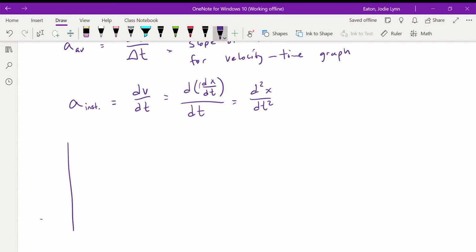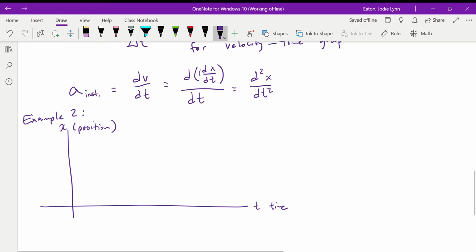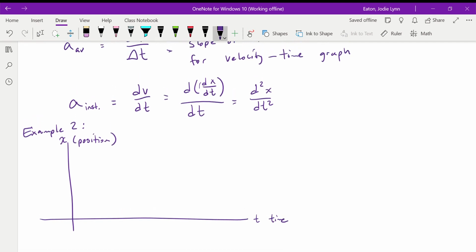So if we have here a graph, this is example 2. This is our x, our position graph. This is t, our time axis. Let's draw a nice curve that represents the position of our particle. We often use a particle when we're talking about these graphs.